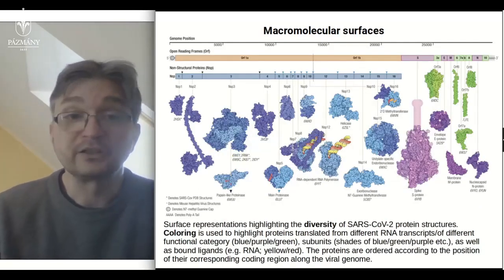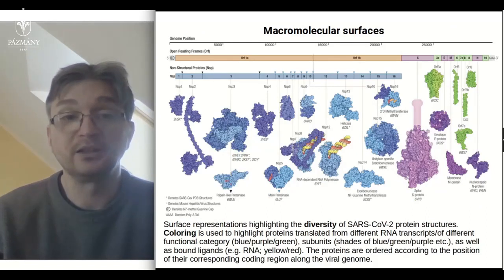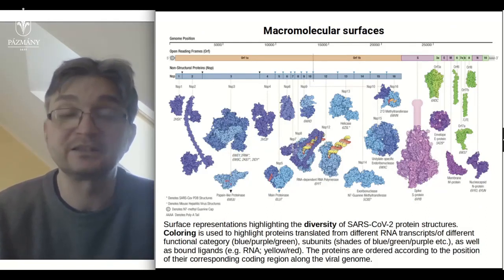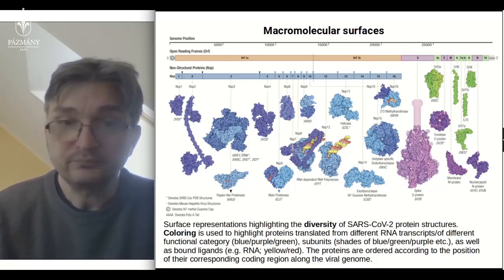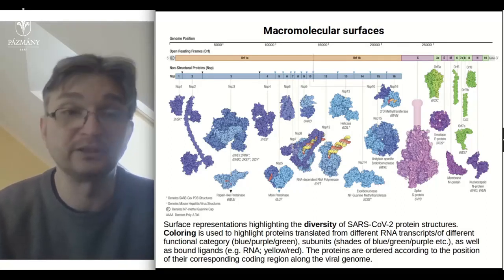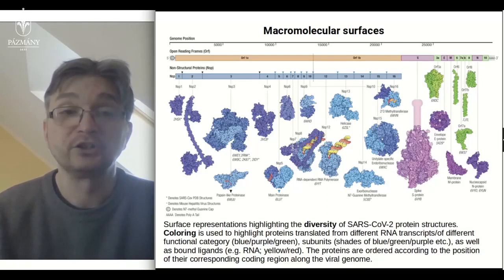Okay, so macromolecular surfaces can be used to highlight the diversity of structures. Here in this representation, the diversity of SARS-CoV-2 structures with experimentally determined structures are shown.